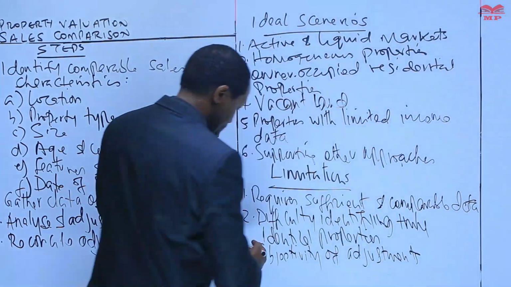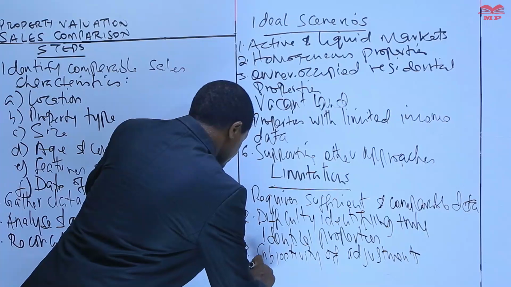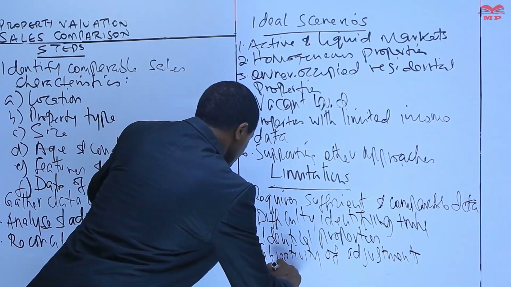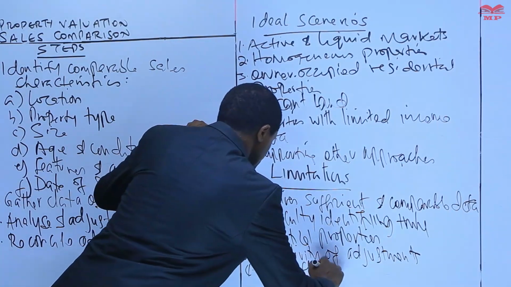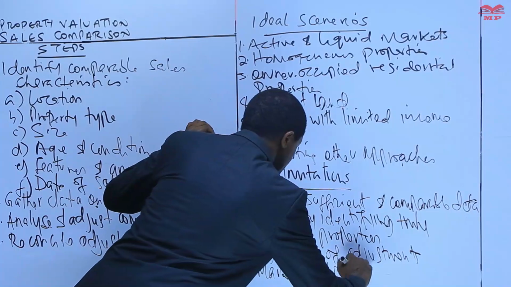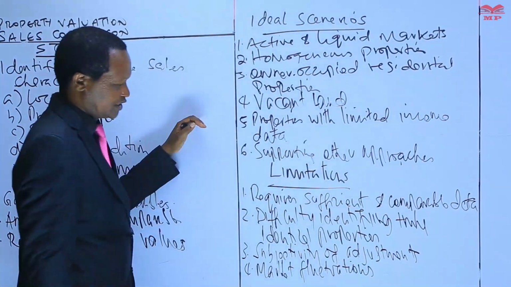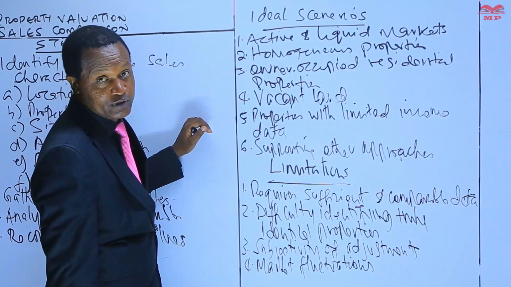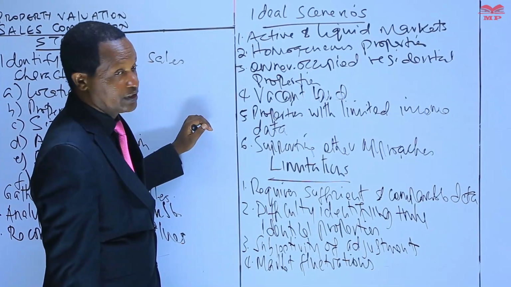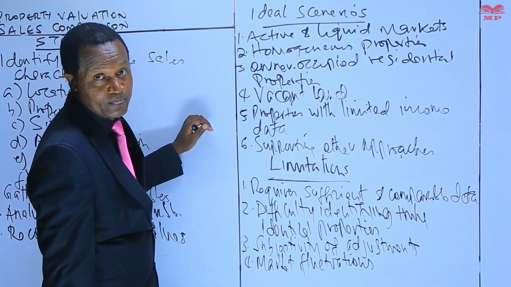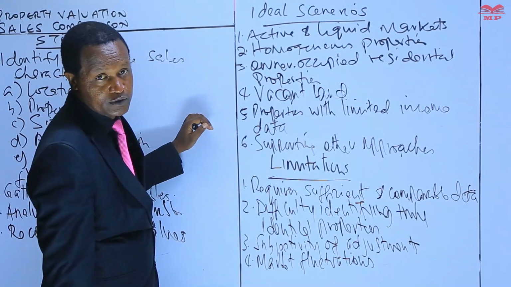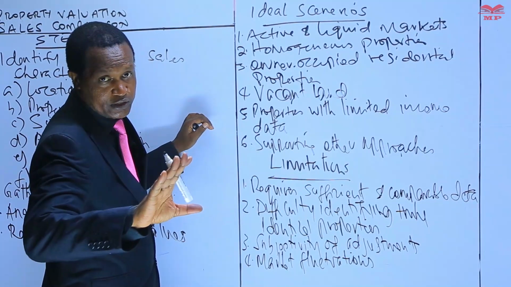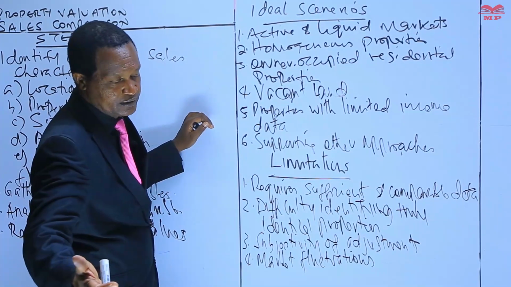Four, market fluctuations. Market fluctuations is also another limitation associated with the sales comparison approach method of valuing property. The sales comparison approach relies on historical data.